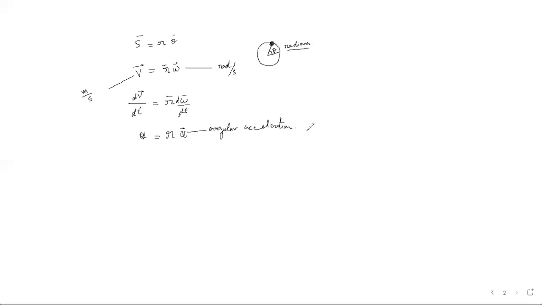Okay, so now I have a question about the circular motion. We know that, for example, the earth is revolving around the sun. Why is the earth revolving around the sun? Because of the gravitational force between sun and earth.